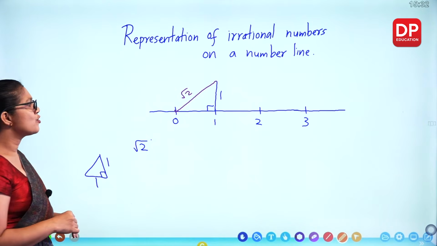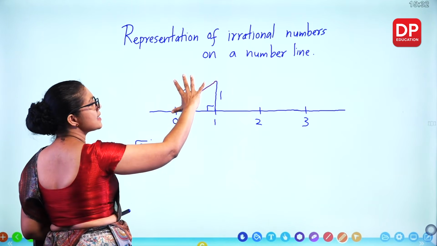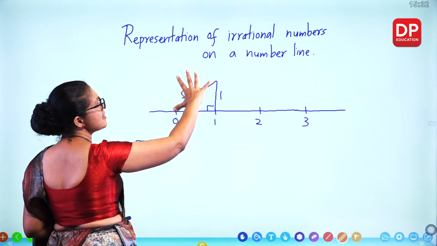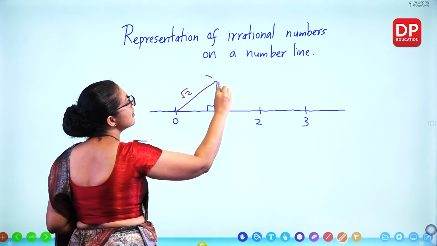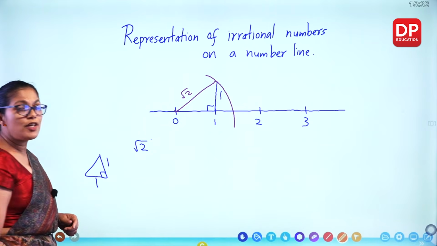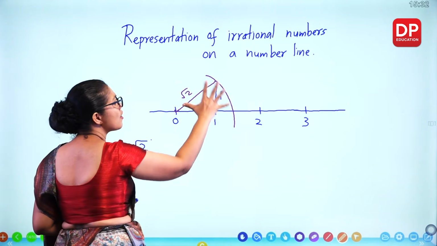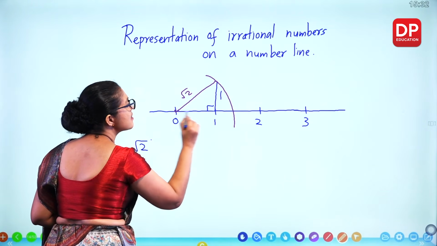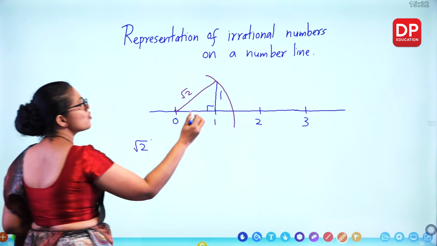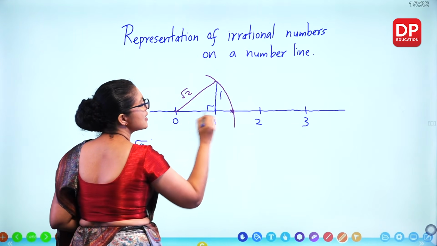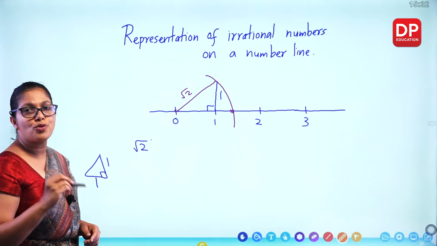So what I can do is take the compass, take this distance, that's root 2, and draw an arc. When you draw an arc, this distance is also the same size. You get root 2. So this point is the root 2 value.